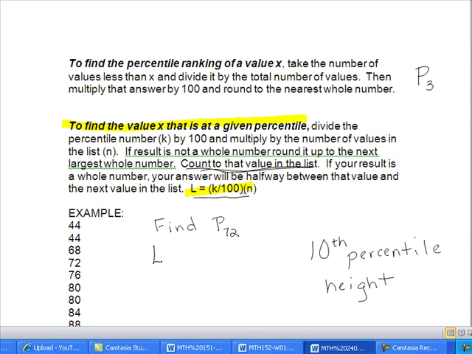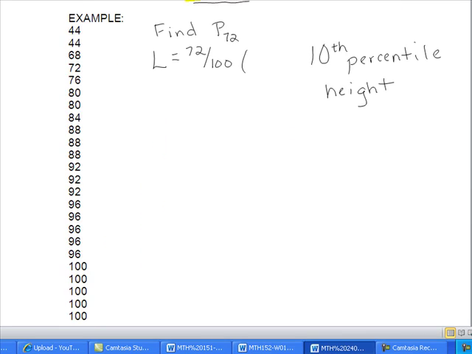So we want to use our locator. 72 over 100 times, let's see how many scores we have here. 24. Now, I have a tendency just to go with the decimal simply because it's easier to enter in the calculator.